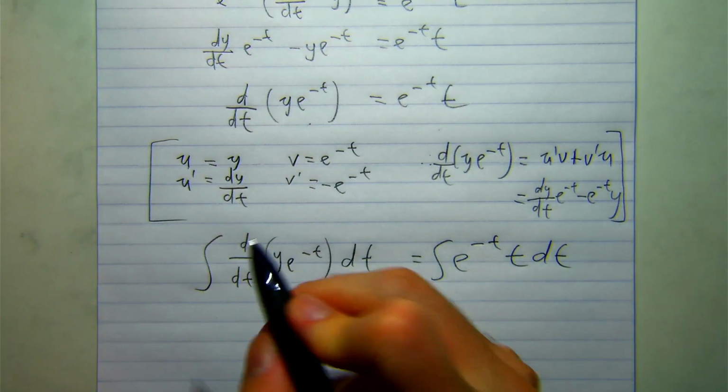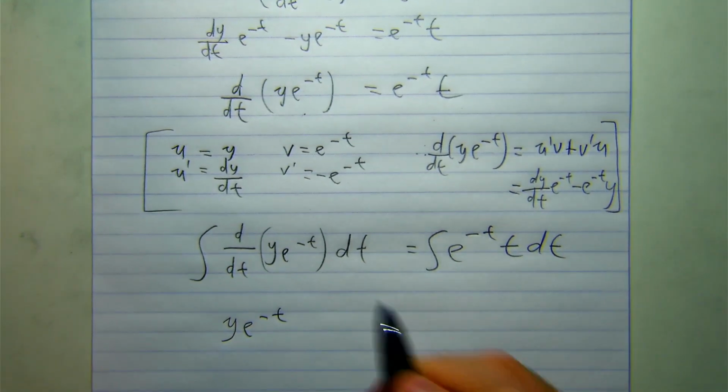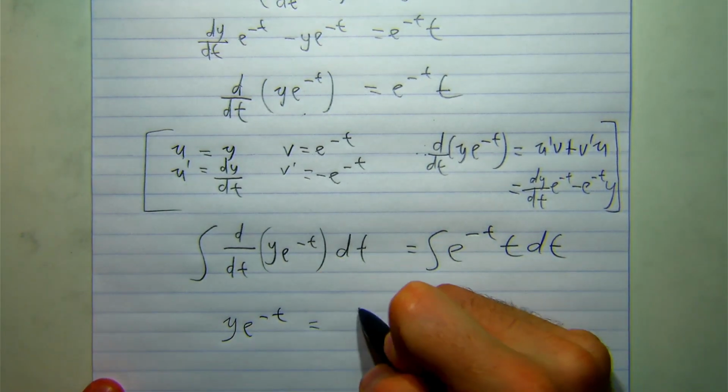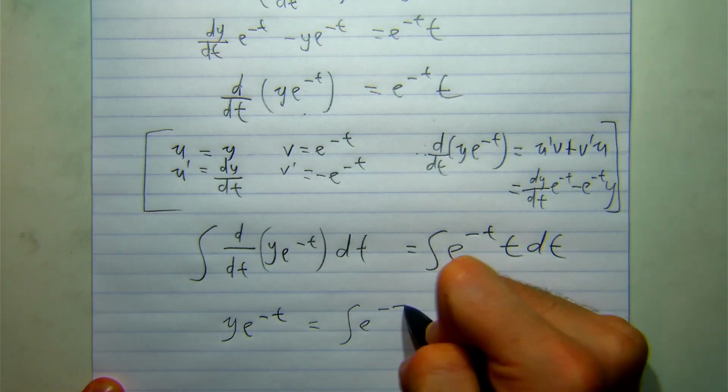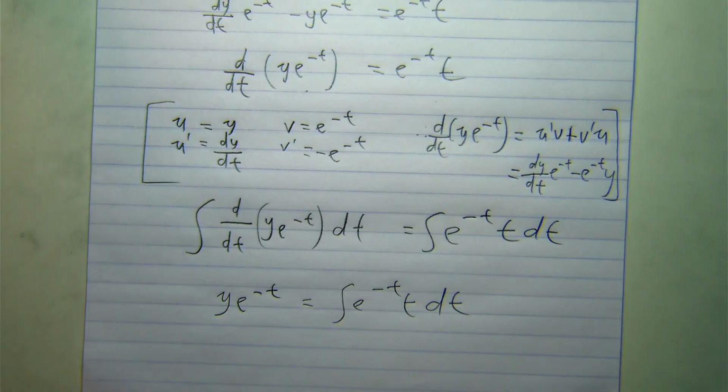And so that is just left with y e to the minus t. And then we have that being equal to the integral of e to the minus t t dt. Okay, great. So we've actually condensed down our problem a lot now. The only thing we need to do is solve for this integral, and then we can rearrange things to give us y as our function of t.